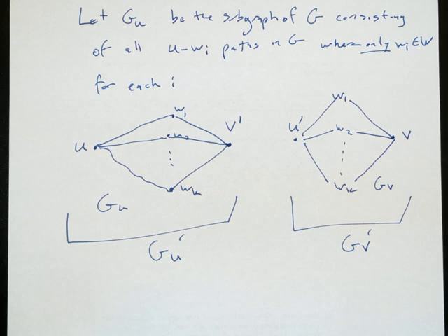I added K edges, but at least one of these paths has length 2, so I took away K plus 1 edges, minimum. What do you know about the size of each of these two things? Same thing. The size of GU prime and the size of GV prime must be less than M. I can use my induction hypothesis.